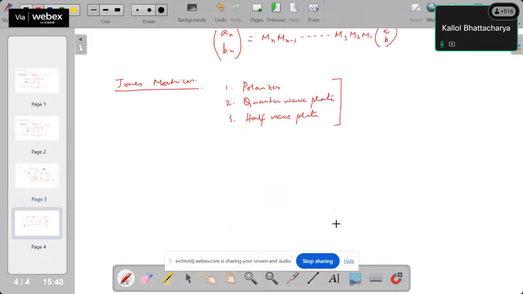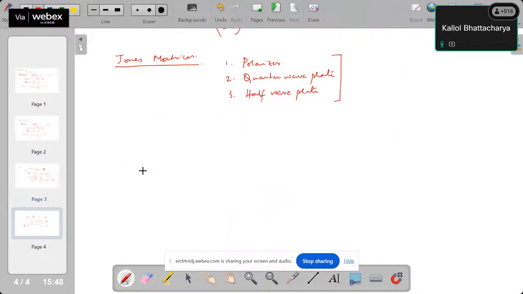Okay, first of all, a polarizer. When we say this is a polarizer, what we mean is, let's say this is a polarizer whose transmission axis is along, let's say, this direction. So this is the transmission axis.